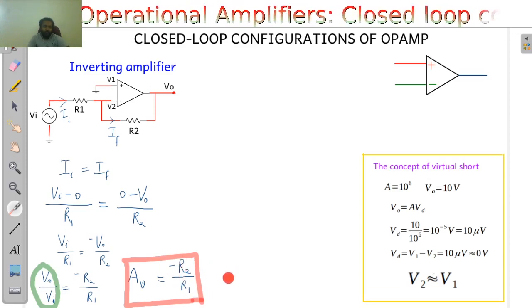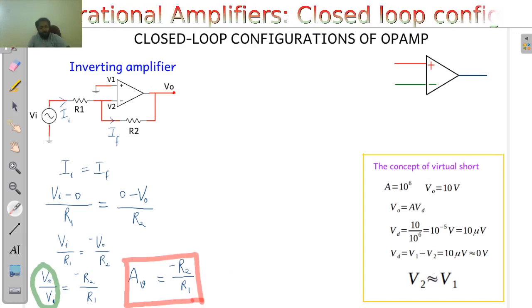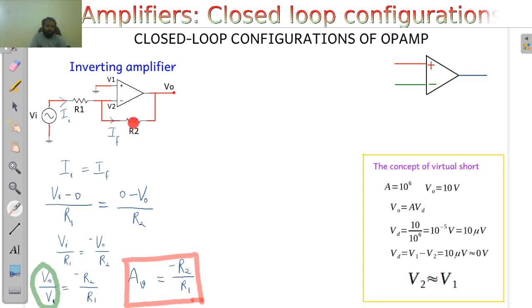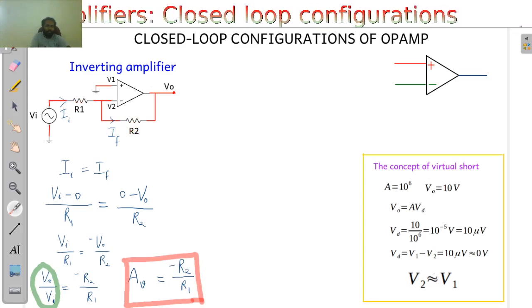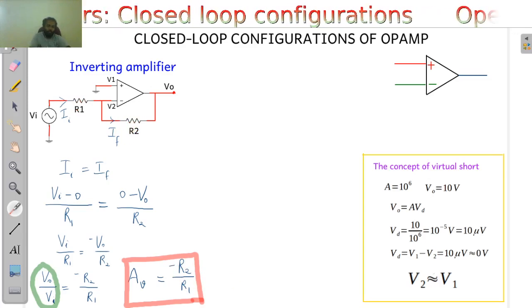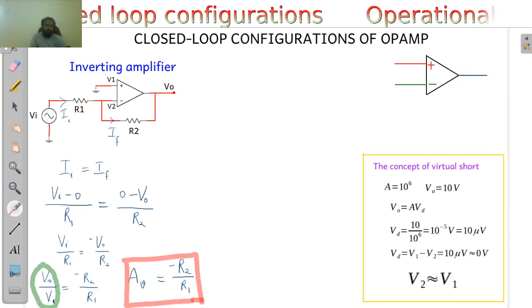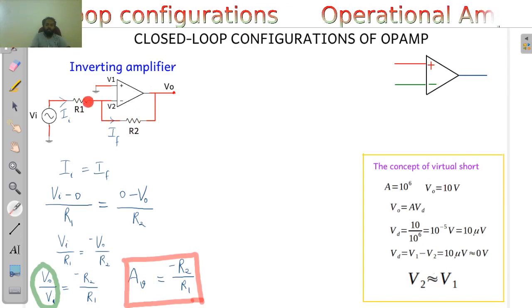So it becomes minus 2. If I am taking 2 kilo ohm and 1 kilo ohm, still I will be getting the same gain. So whatever be the resistance, the ratio of the resistance is the thing that determines the voltage gain. So you are at a convenience of taking whatever be the resistance.